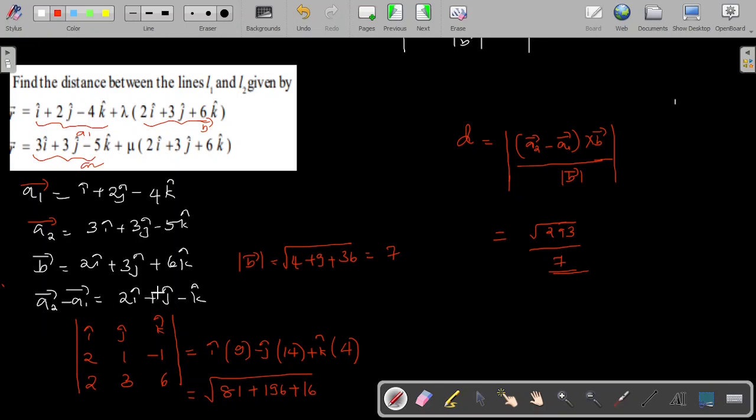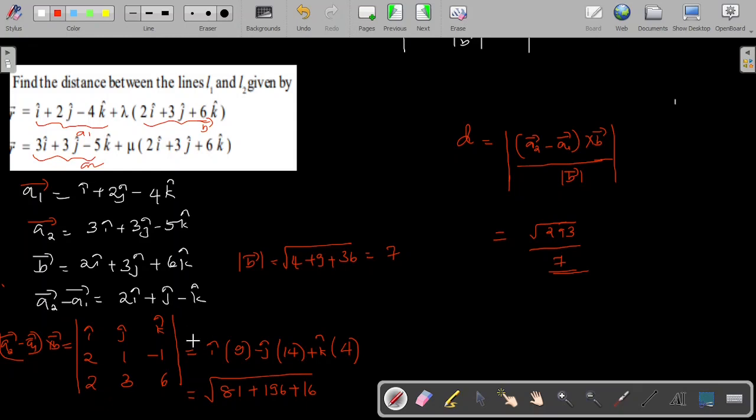Now we want the cross product of these two, A2 vector minus A1 vector cross B vector, which is equal to the determinant of i cap, j cap, k cap, the components of A2 vector minus A1 vector, that is 2, 1, minus 1, and the components of B vector, 2, 3, 6.